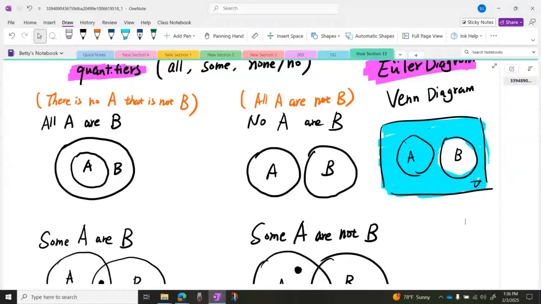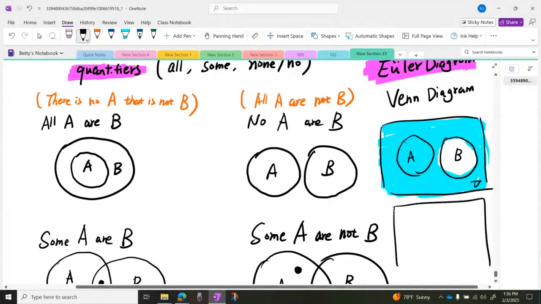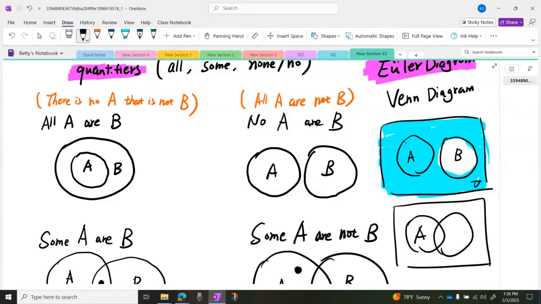I can show you that if they are not disjoint, you will not have the circle A completely fall inside the blue. If this is A, this is B, those two sets are not disjoint, right? They overlap.